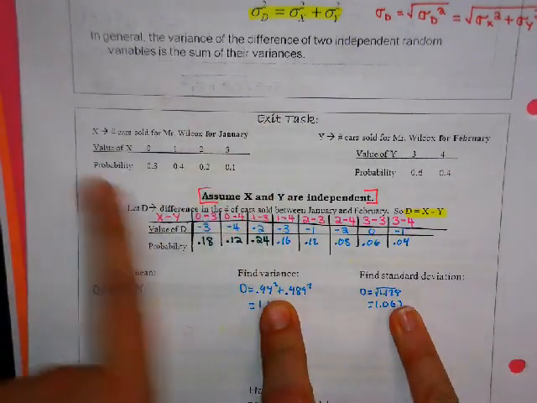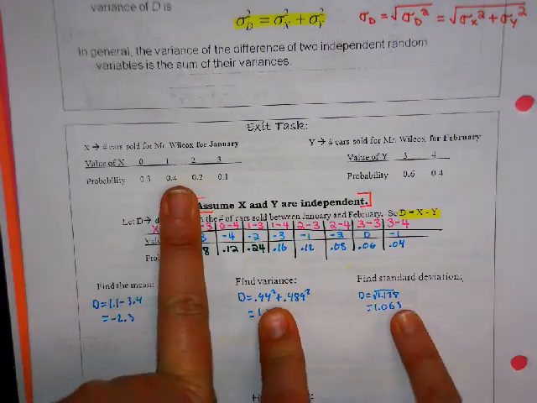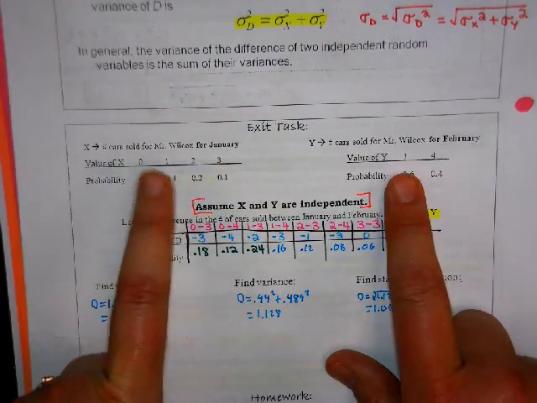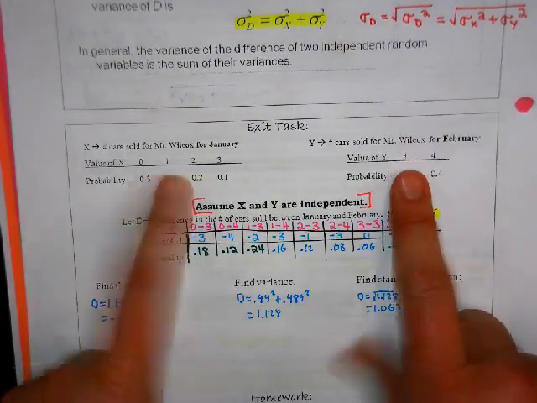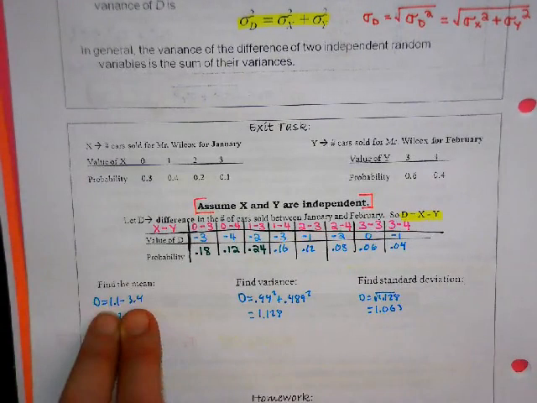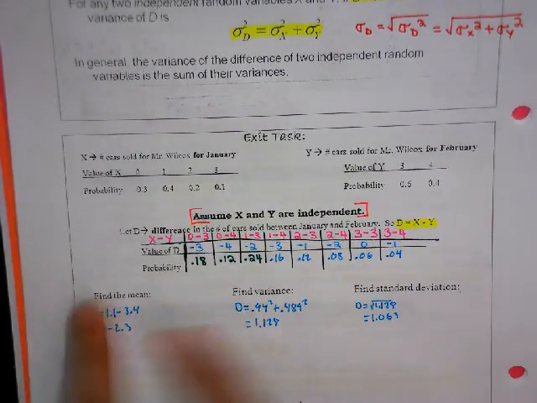And that's where they got 1.1 minus 3.4, negative 2.3. 0.94 squared plus 0.489 squared, which gave you 1.128. I rounded to 1.13. Then when you square root, you get about 1.06.